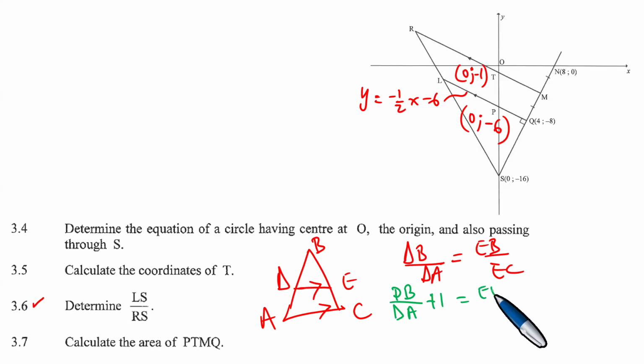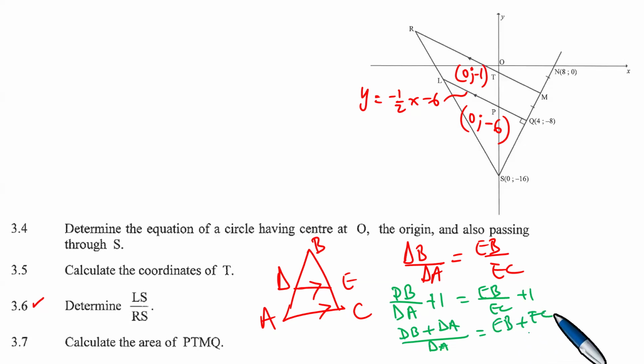You have EB over EC. You add 1 on the right. If you add these things here, this is dB plus dA over dA, and this is equal to EB plus EC over EC.